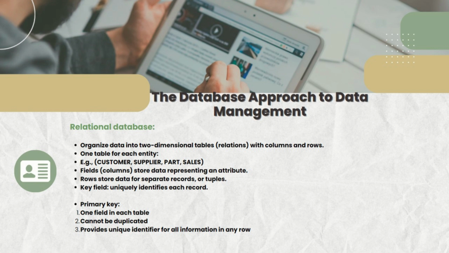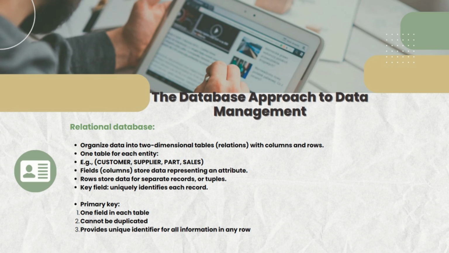Columns store data representing an attribute or property of the entity being represented. Rows store data for separate records or tuples, where each row contains data corresponding to one instance or record of the entity.